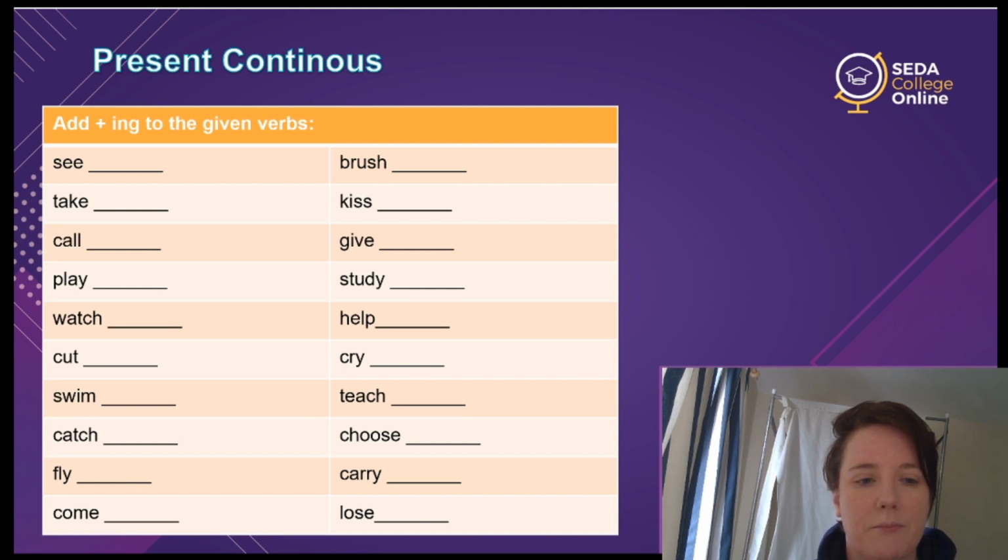Catch, fly, come is E at the end as well. Brush, kiss, give, there's an E at the end. Study, help, cry, teach, choose, carry, and lose, which has an E at the end also.